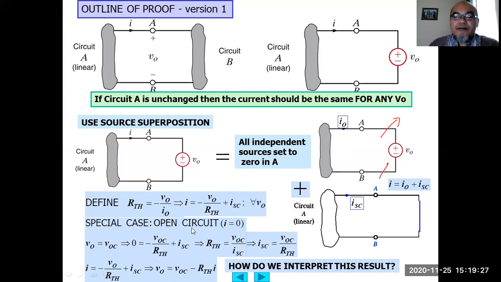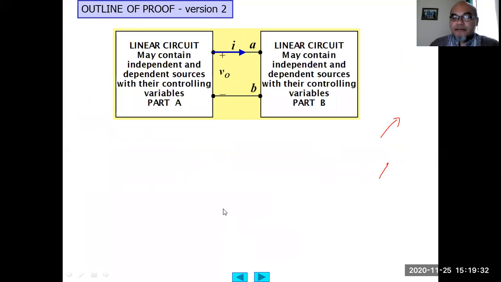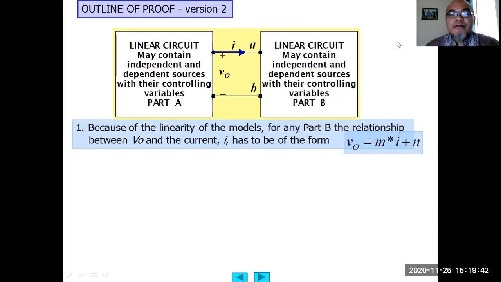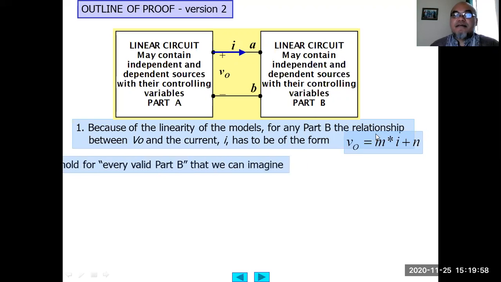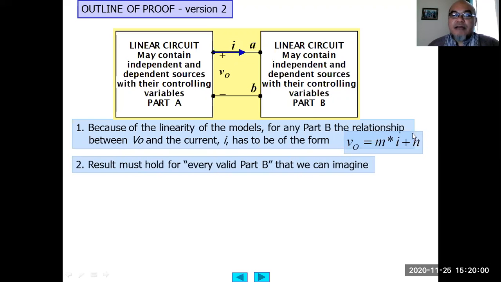So how do we interpret this result? Because of the linearity of the models, for any part B, the relationship between the output voltage V output and the current I has to be of the form V output equals a constant M times I plus N, where N is another constant.